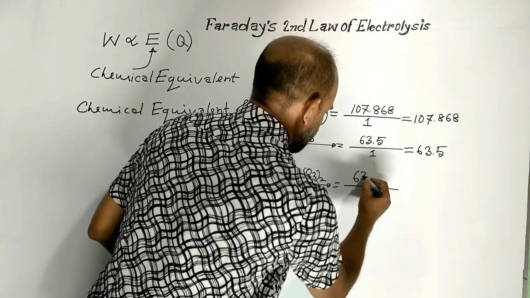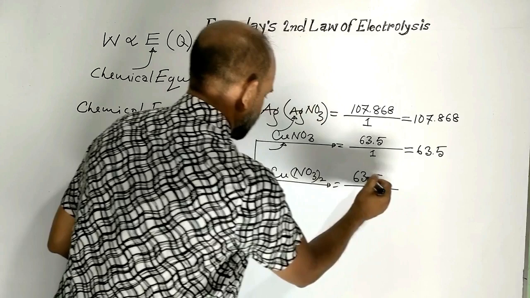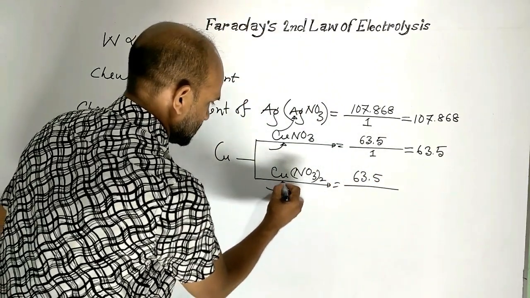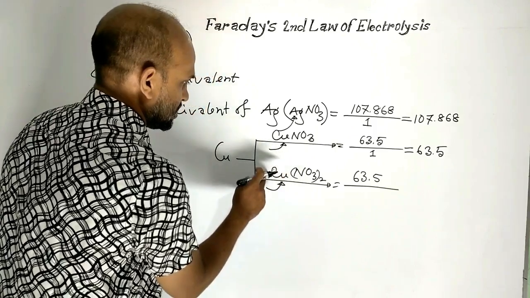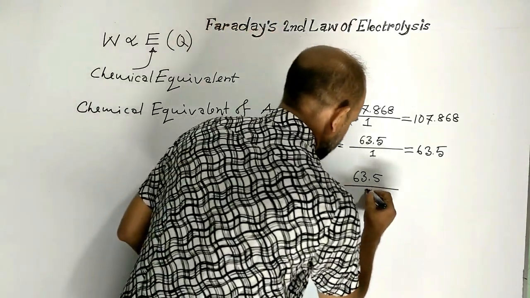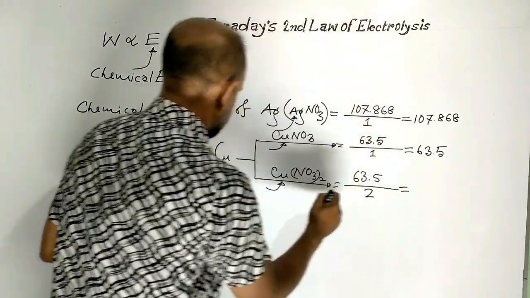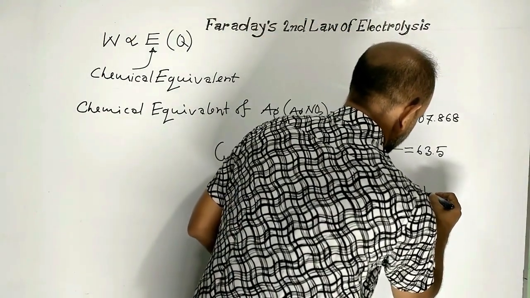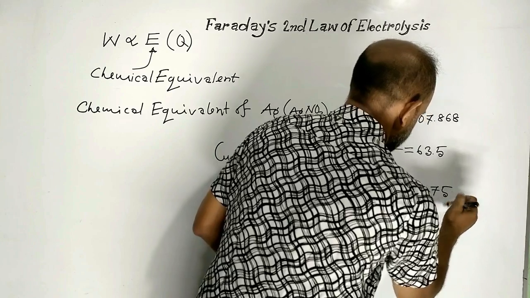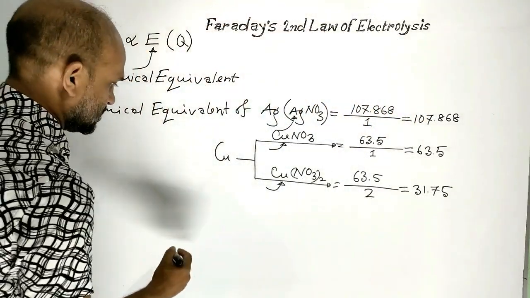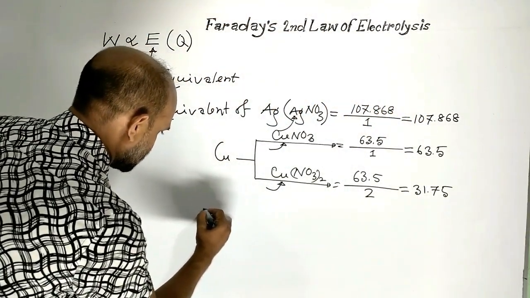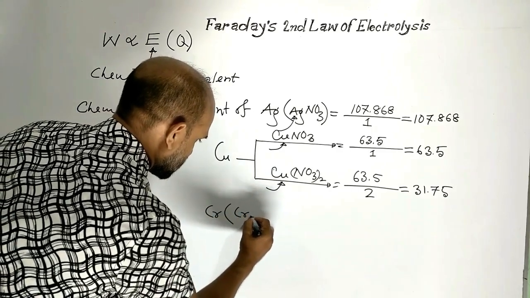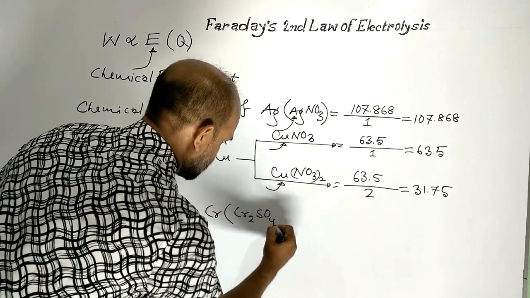Atomic mass of copper divided by valency of copper in its compound. Here, valency of copper in cupric nitrate is 2. So, the chemical equivalent of copper will be 31.75. Again, chemical equivalent of chromium in chromic sulfate.